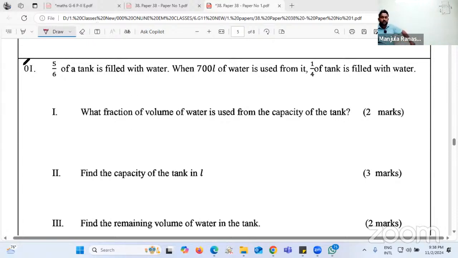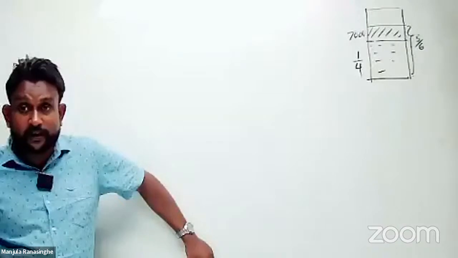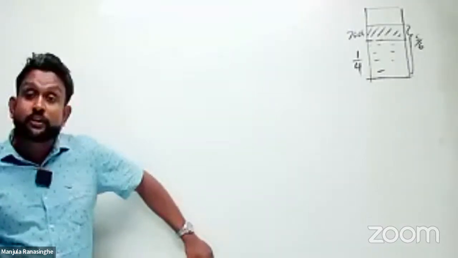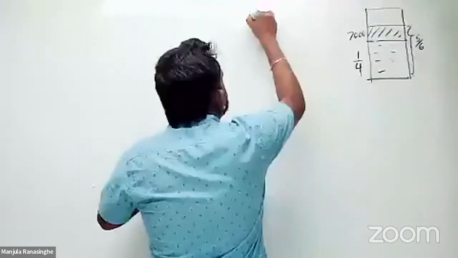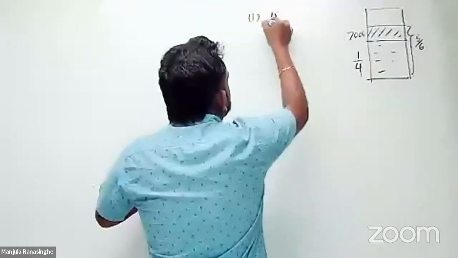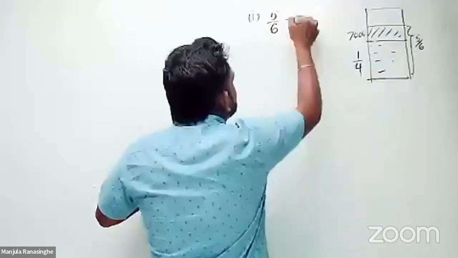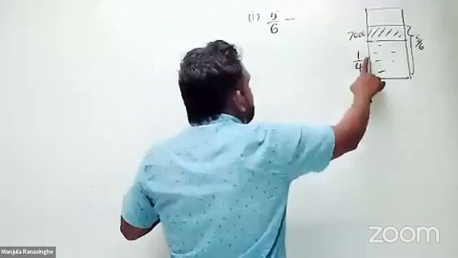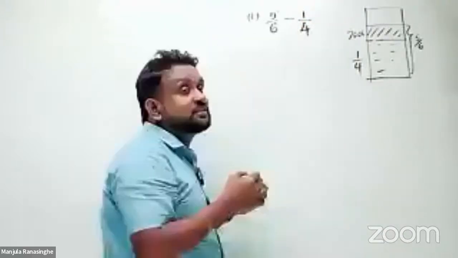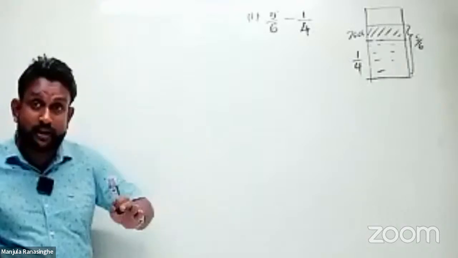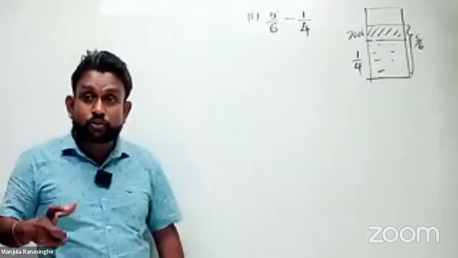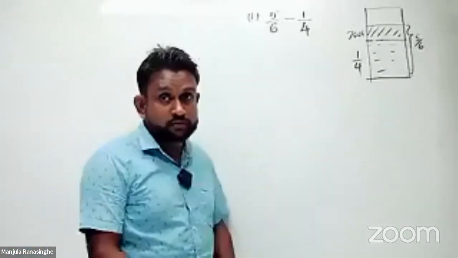They're asking what fraction of the capacity of the tank is the volume of water used. Initially they had 5/6 of the water, and the remaining water is 1/4. So the difference between the having and the remaining is the utilized water fraction.